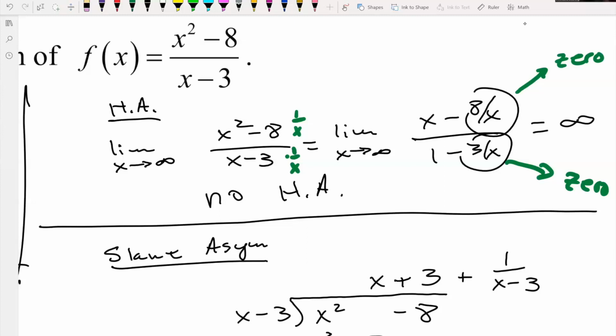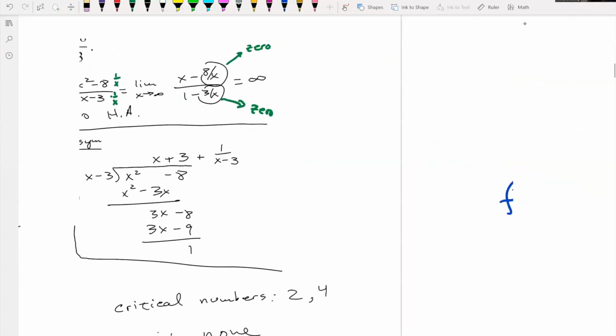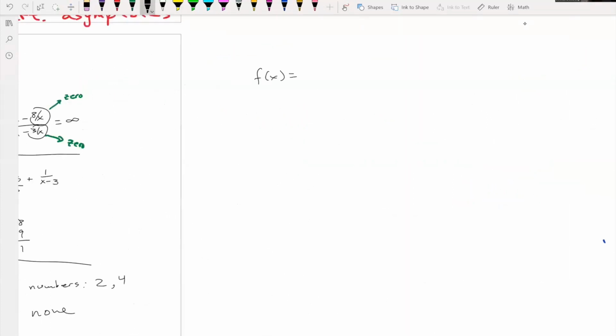Another way to do it is just to start plugging in numbers, especially if you have a calculator. You would see that, actually, you know what? Let's dovetail this with what Karash is asking. So watch, our original function, f of x, is equal to x squared minus 8 over x minus 3.